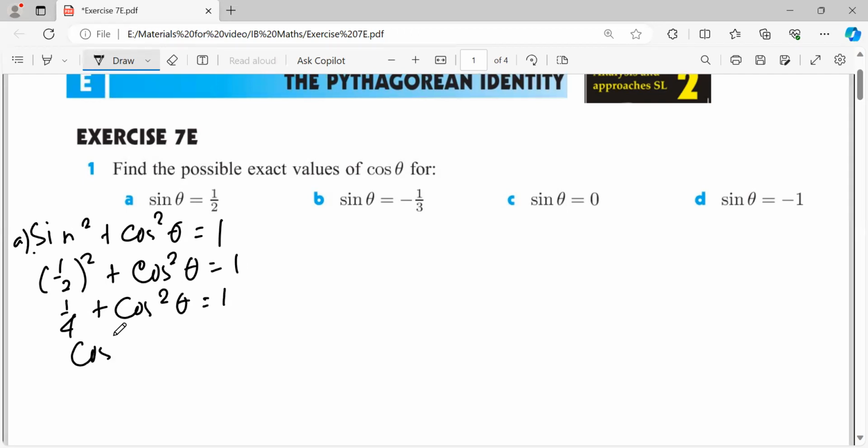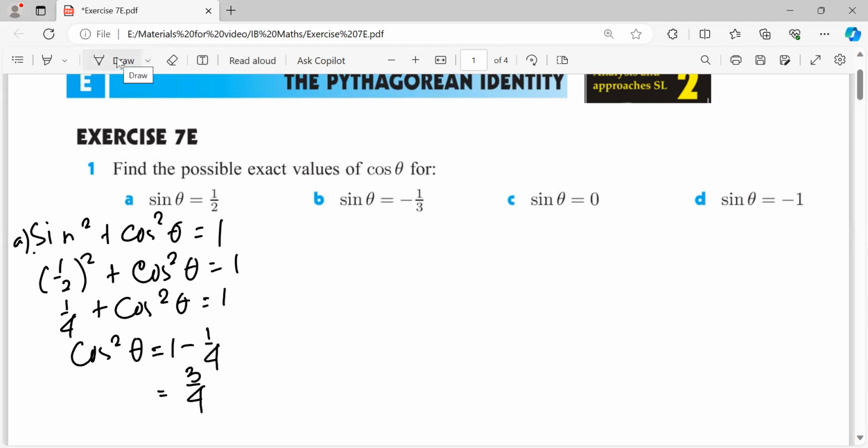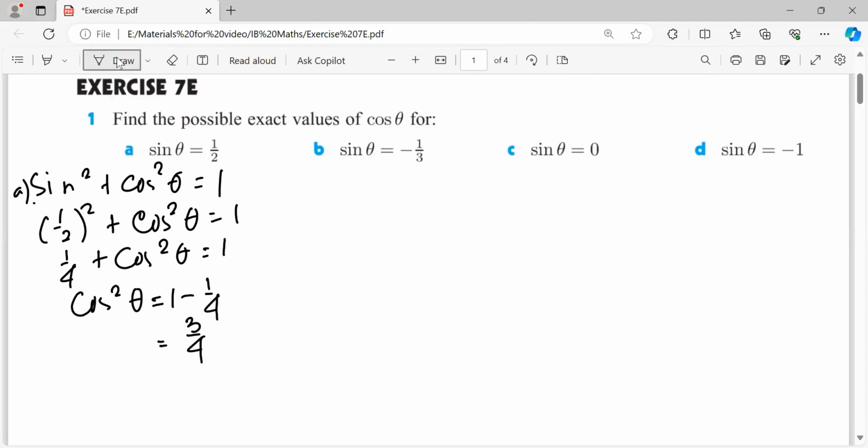So cosine squared theta equals 1 minus 1/4, which equals 3/4, because 1 minus 1/4 equals 4/4 minus 1/4 equals 3/4. Right, let's continue.